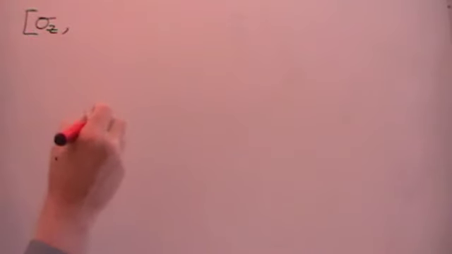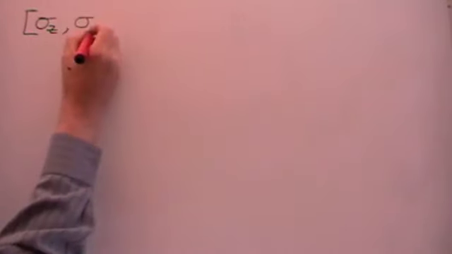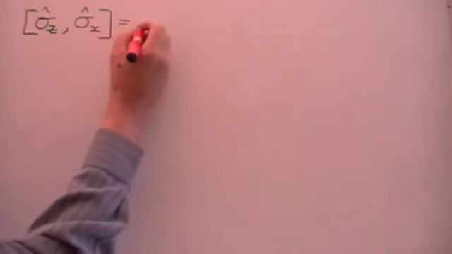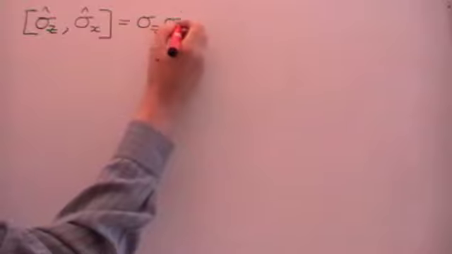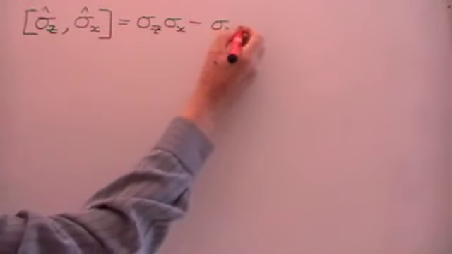So let's kick off by asking whether we can measure along the z-axis and the x-axis at the same time, which means that the commutator of the measurements along the x-axis and the z-axis must be 0. Otherwise you can't do it. And that, don't forget, is sigma z sigma x minus sigma x sigma z.